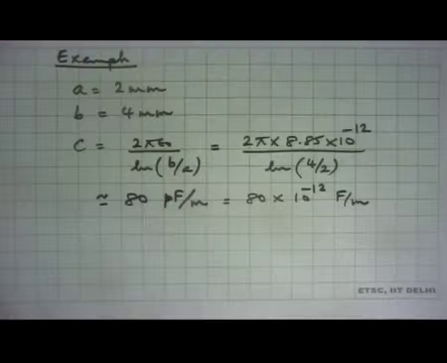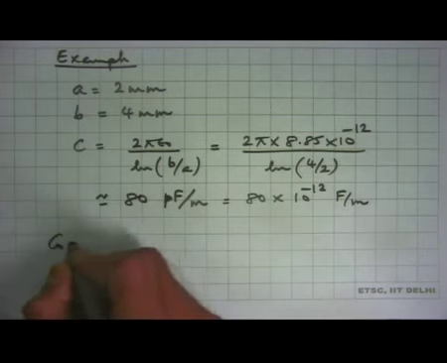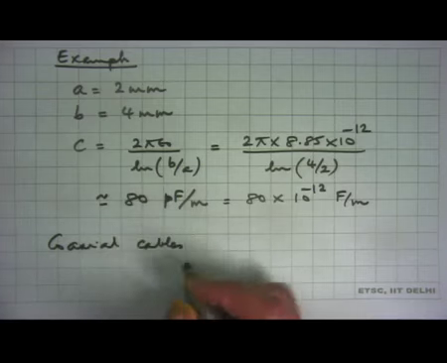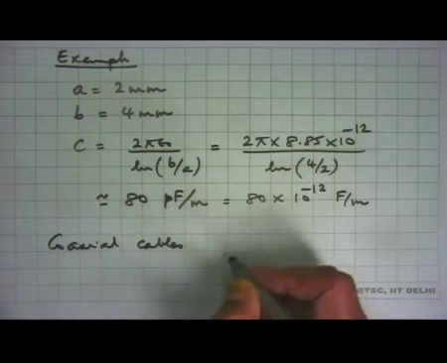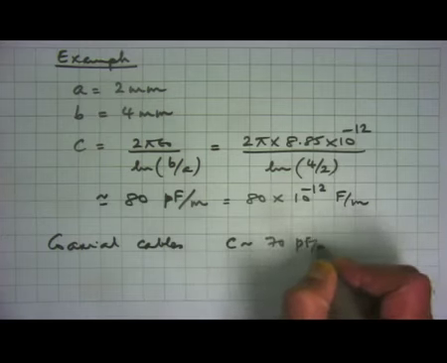You must have seen such cylindrical capacitors that are used for connecting television and VCRs through cables, and those cables are called coaxial cables. They have a typical capacitance of about 70 picofarad per meter.